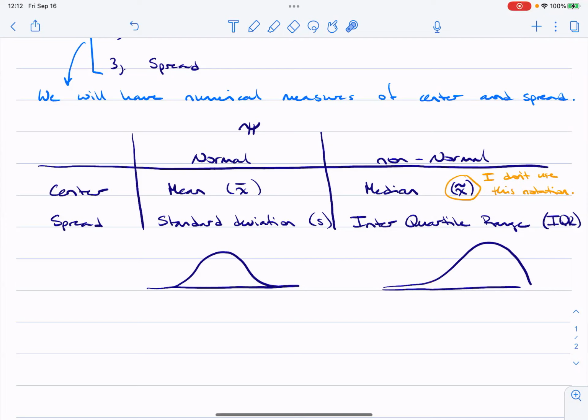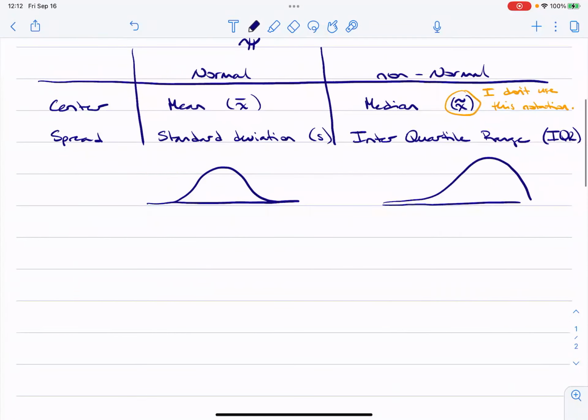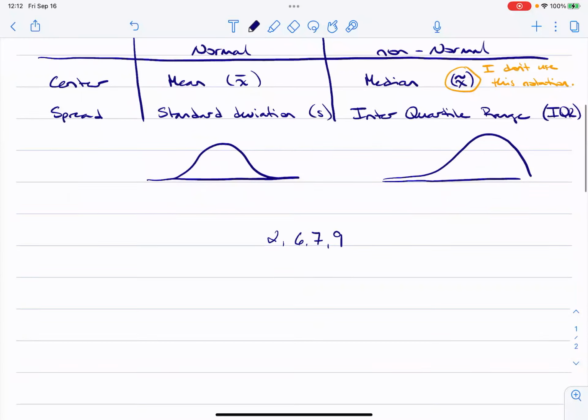And so if we just have a quick example like 2, 6, 7, and 9, and then I ask you to find the average of those, that's fine, you could do that. But what if I changed it? So what if I changed this number to -20? I'm still dividing by 4.